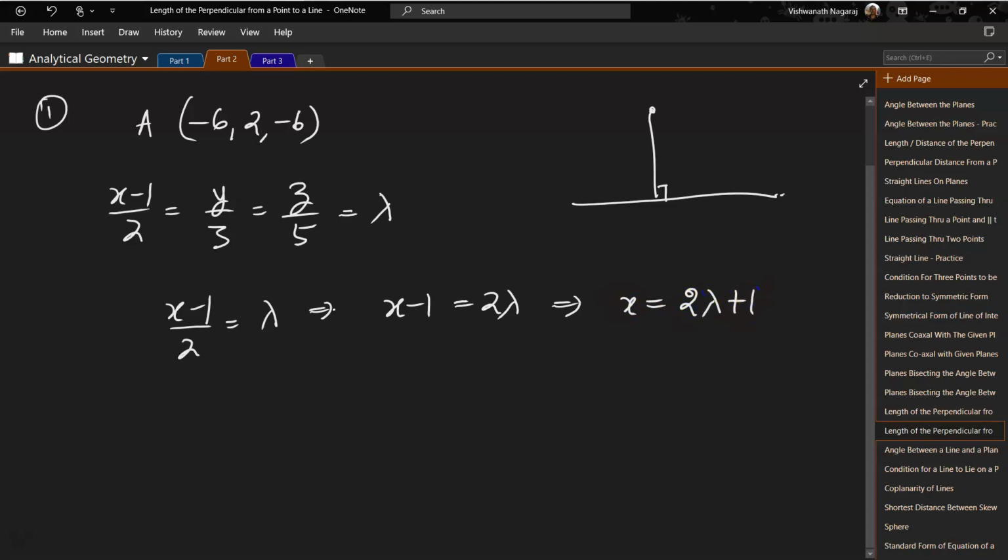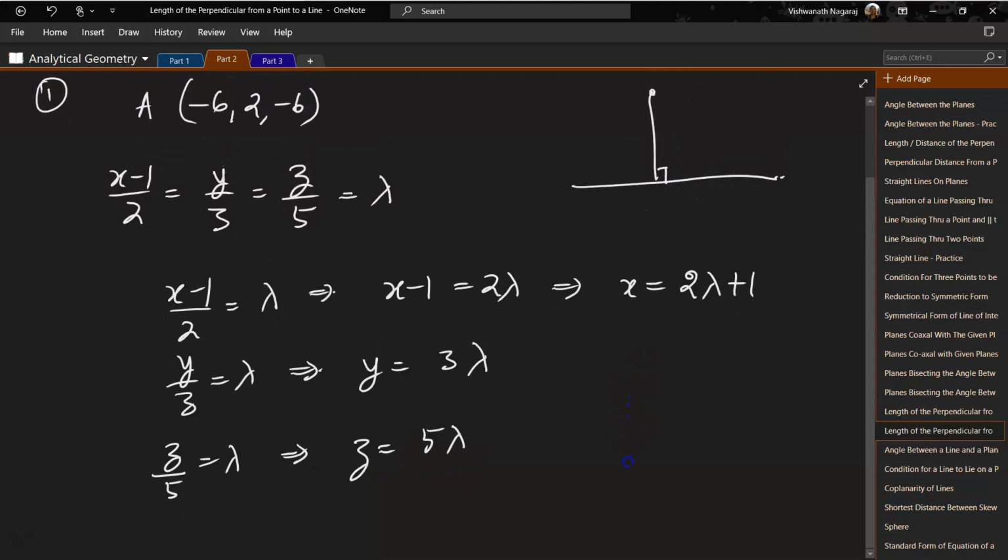So we have got x in terms of lambda. Similarly, y by 3 is equal to lambda, which implies y is equal to 3 lambda. z by 5 is equal to lambda, which implies z is equal to 5 lambda.